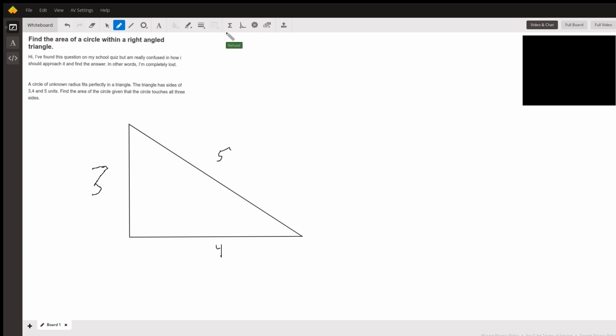And if you imagine drawing the bisectors of each of the angles, that kind of looks like an angle bisector there, and then this would be another angle bisector here. Let's pretend they meet there. And then this angle bisector here. The intersection of those angle bisectors is called the incenter.